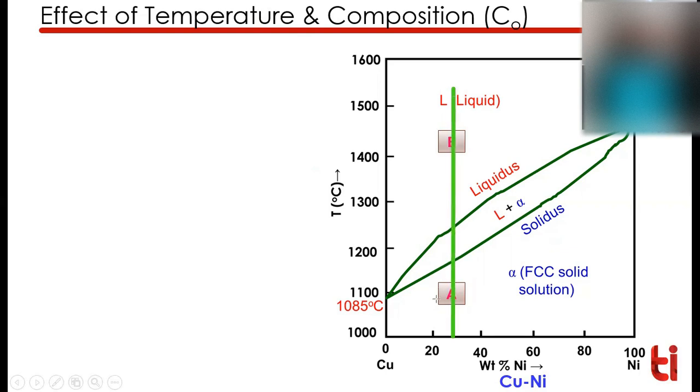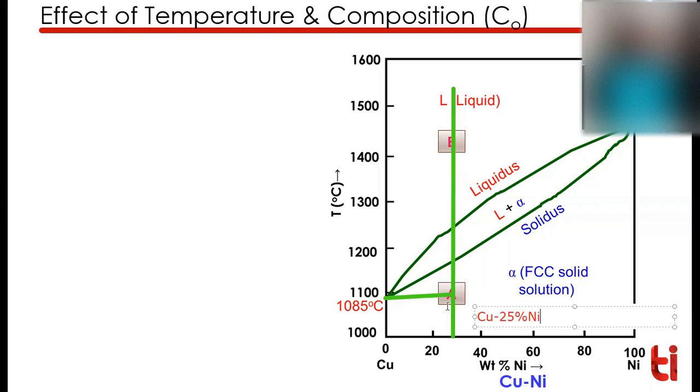At this position, what is my temperature? The temperature for this is 1085. 1085 is the melting point of copper, but it is not the melting point of this alloy composition. For this alloy composition, melting doesn't start, so the material is basically solid, that is alpha solid solution. So the alloy composition I have taken is copper with 25% nickel.